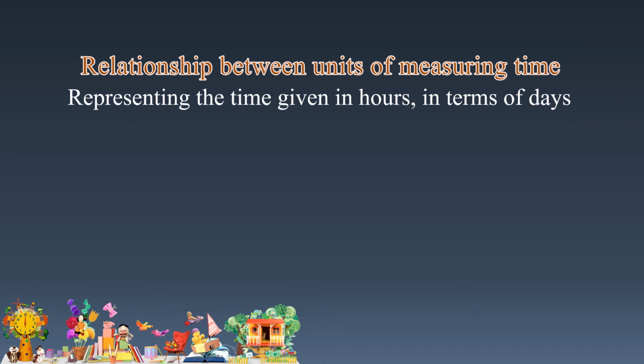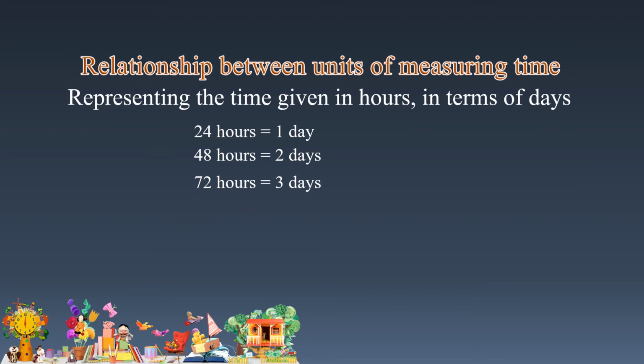Next, we'll learn about representing the time given in hours in terms of days. So we already know that 24 hours means 1 day. So for 48 hours, how many days are there? How to find that? 48 hours should be divided by 24. So you can go for the answer as 2 days. Next, for 72 hours, how many days are there?